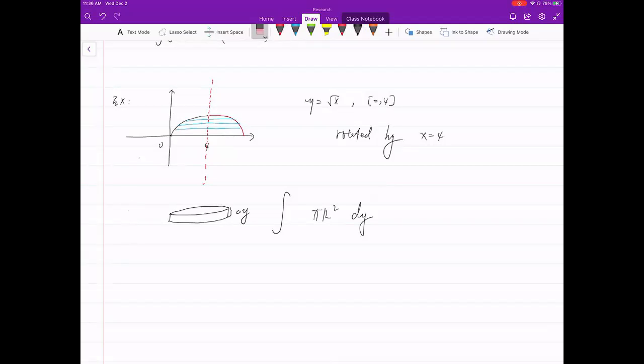Sounds good? Of course, the starting and ending point should be in terms of y, not x, not from 0 to 4 anymore. It should be from the y value at 0 and the y value at 4. Finally, your r should be in terms of y, so that you can do the integration. Does everything make sense?